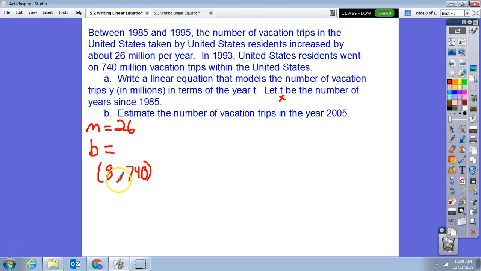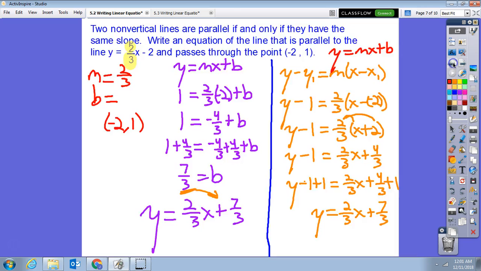The year 0 would be the beginning year. Since we want 1985 to be the beginning, we put 8 for 1993. Now I have my M, I don't have my B, and I have another point. So then I can use either the slope-intercept form or the point-slope form.